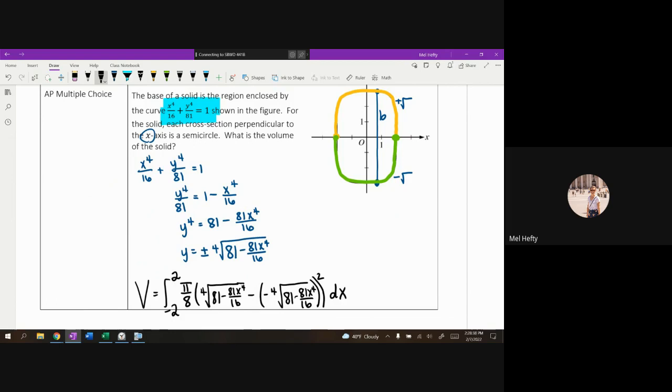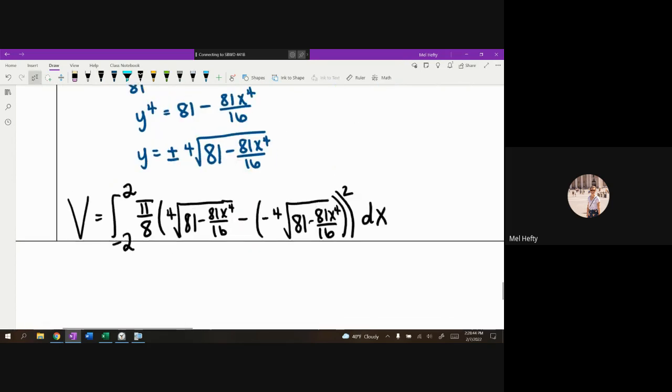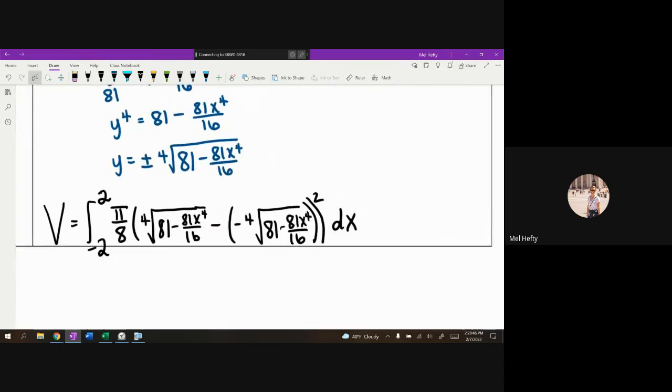Now, I just want to make one more comment, and then I'm going to see how far you guys can get on this notes check. This was a multiple choice question, so I did have to plug this into the calculator. One thing you could do, what could you do to the innards of this?